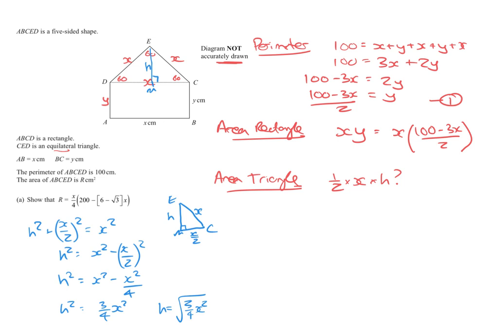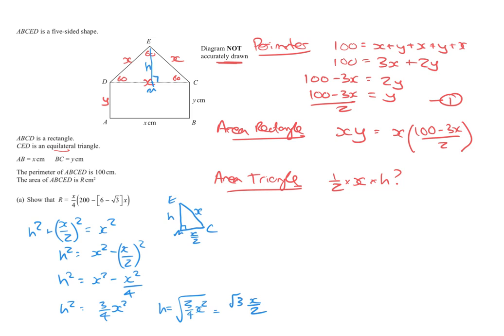And this will simplify further. So this becomes root 3 multiplied by x over 2. I square root the 4, square root the x squared. So I've got root 3 x over 2 is my height. Let's put that back into my expression for the area of the triangle.